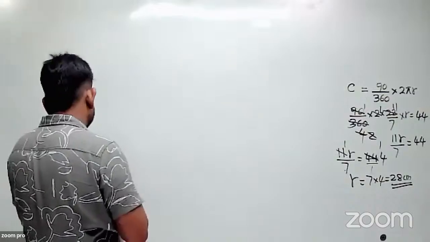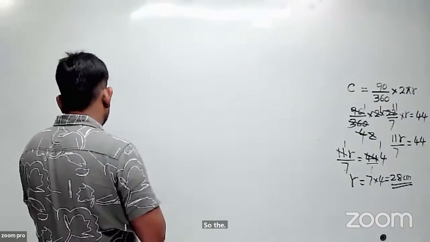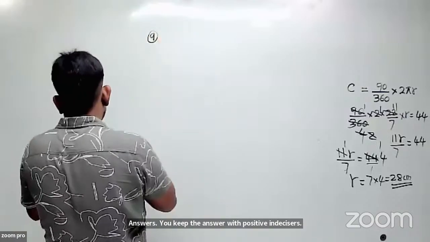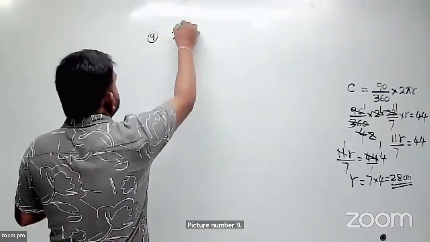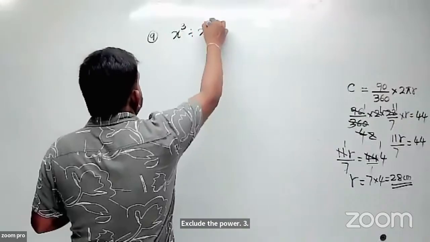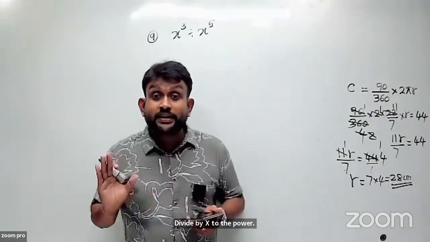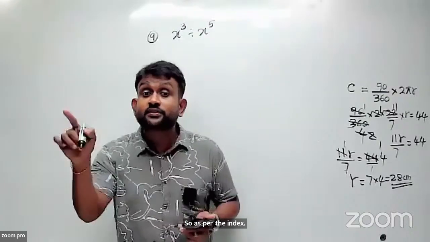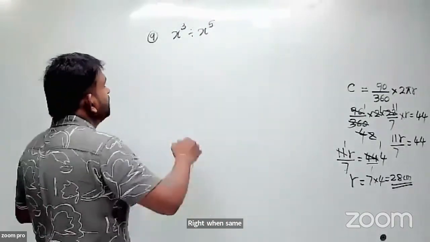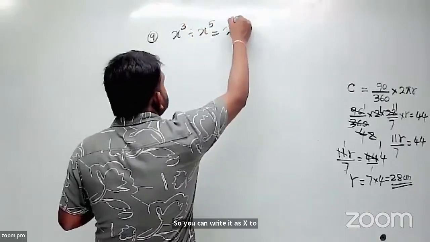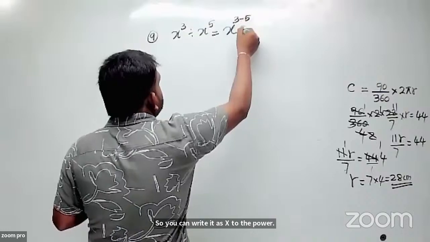So the answer is, keep the answer with positive indices. Question number 9: x to the power 3 divided by x to the power 5. As per the index law, when dividing the same bases, the indices are subtracted. So you can write it as x to the power of the first index subtract the second, 3 subtract 5.